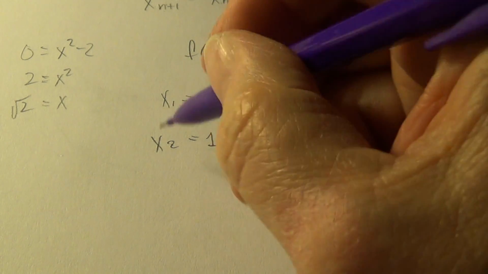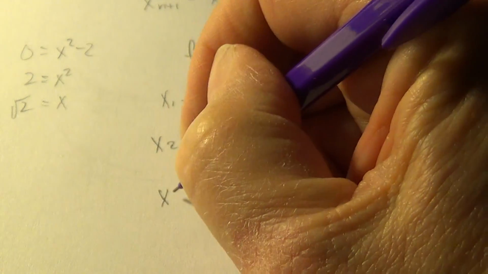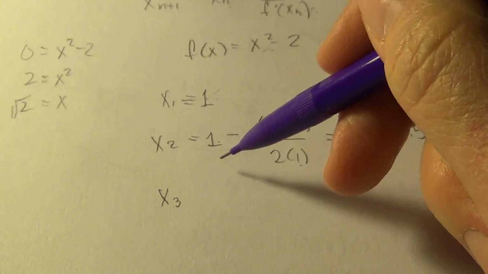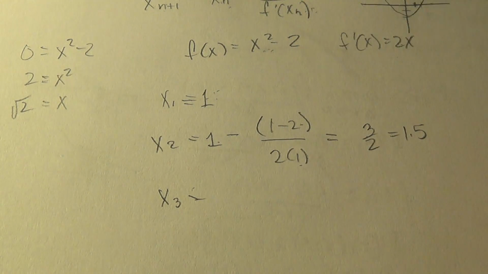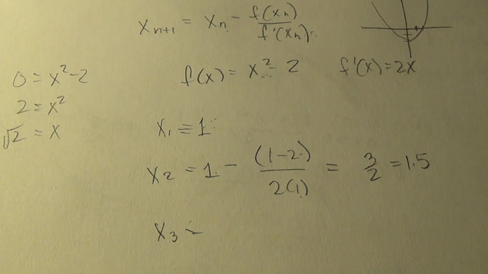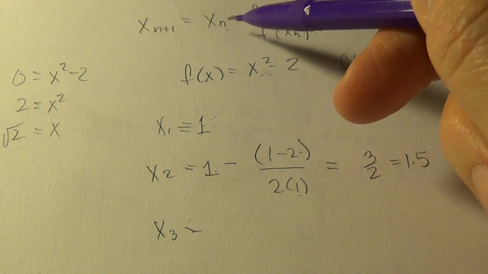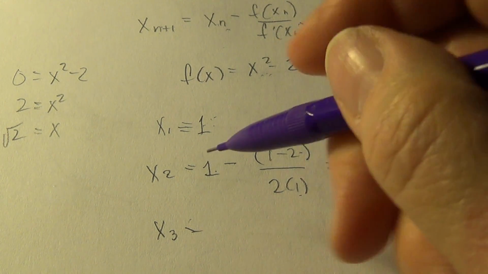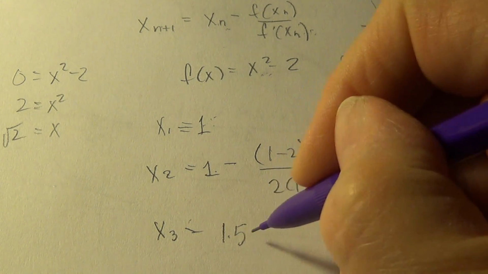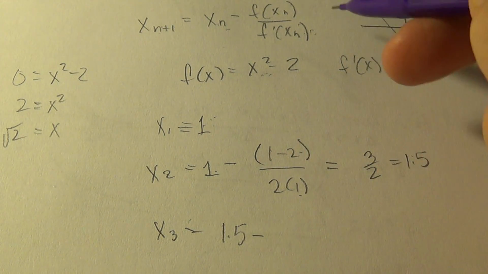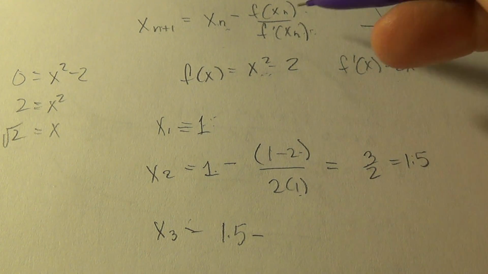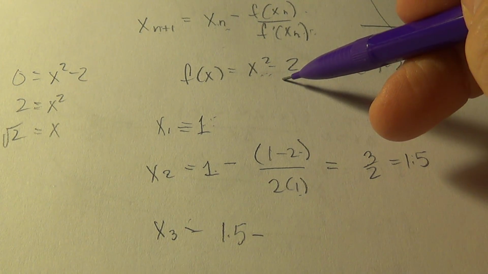So now these are called iterations. The next iteration, the third approximation, will take the last approximation, 1.5, minus, in the numerator is 1.5 thrown into this equation.